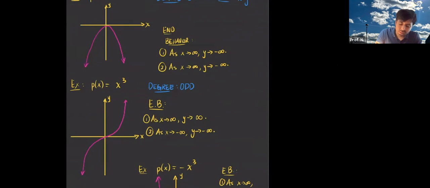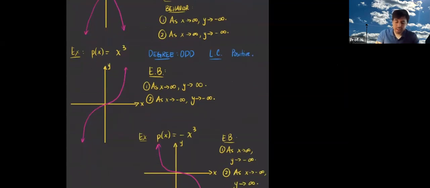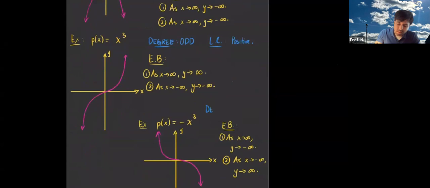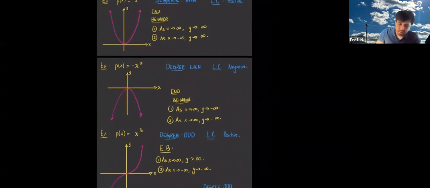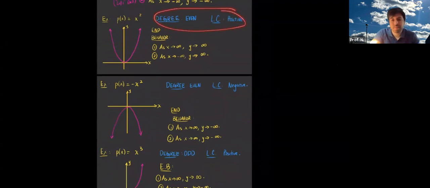So the degree is odd, and the leading coefficient is positive, right? And then lastly, the degree here is still odd, but the leading coefficient is negative. This is going to be the important thing from now on.